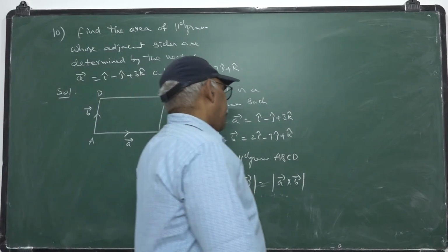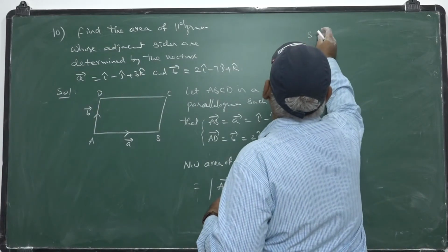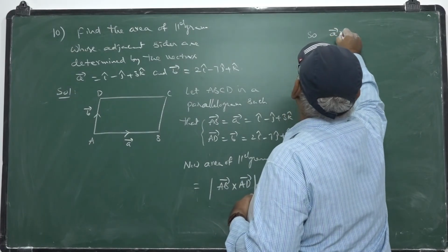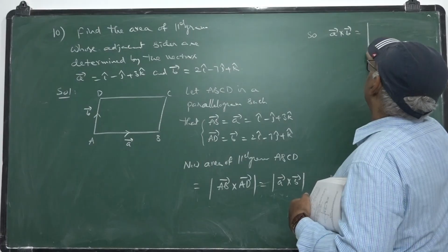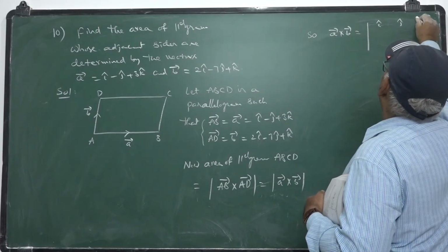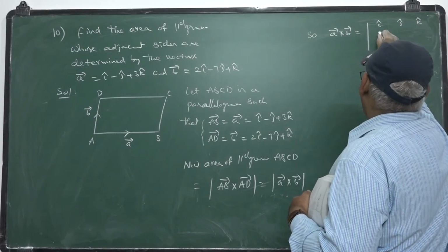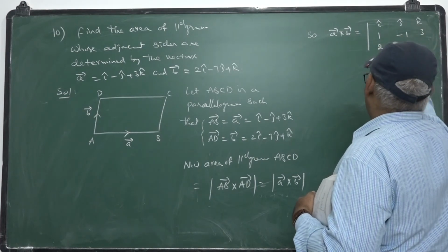A bar cross b bar. So initially find a bar cross b bar to get its magnitude. Here a bar cross b bar is obtained by the determinant i, j, k, 1, minus 1, 3, 2, minus 7, 1.